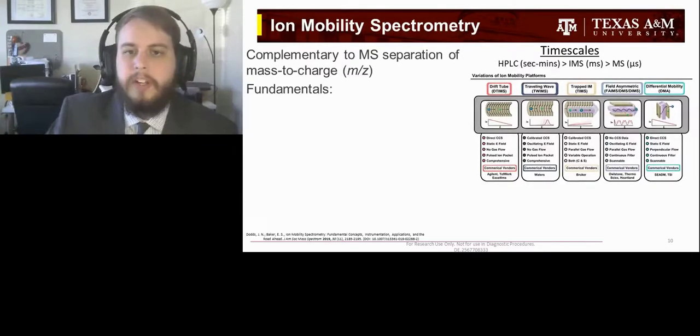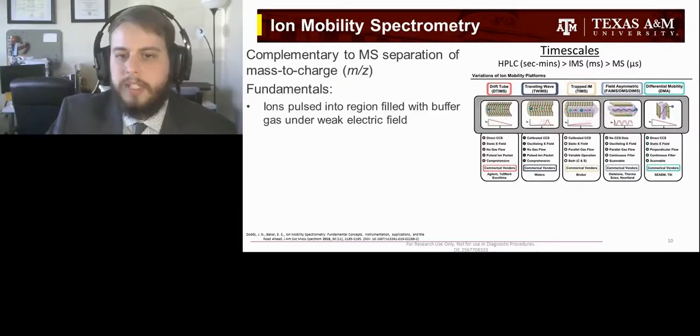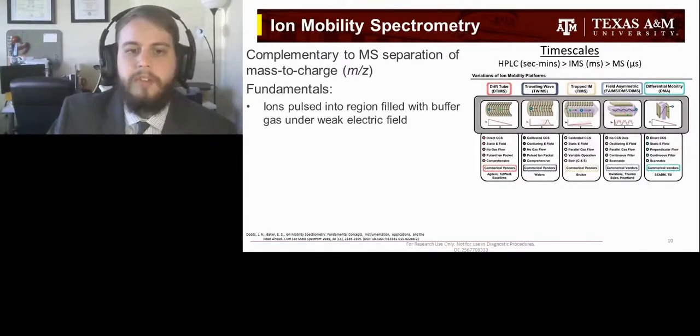Now, some of the fundamentals of ion mobility. Especially for drift tube and traveling wave ion mobility, you have ions that are pulsed into a region filled with a buffer gas under a weak electric field.